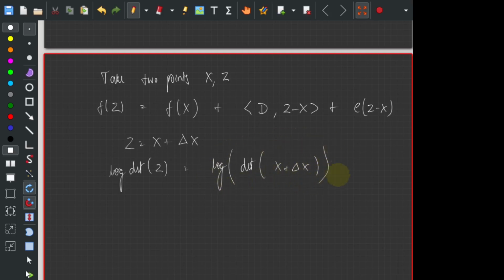I somehow want to write this as f of x, that is log determinant of x, plus some inner product between a matrix and z minus x, plus some error term. Now, what do I know about x? I know that there exists a valid square root. So I'll write this as x power half times x power half plus delta x.